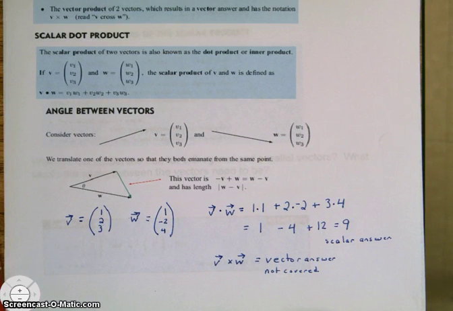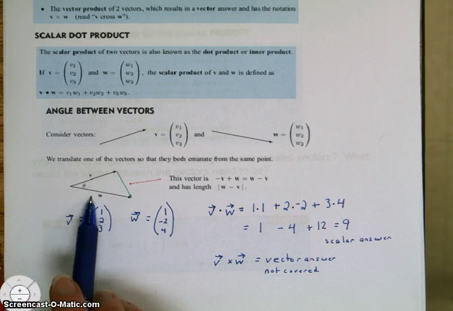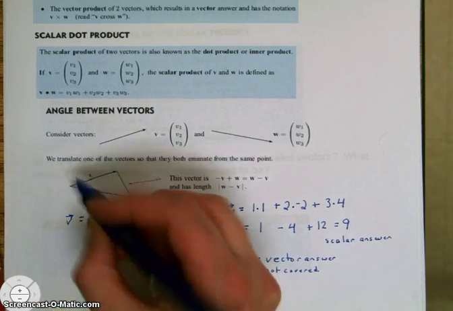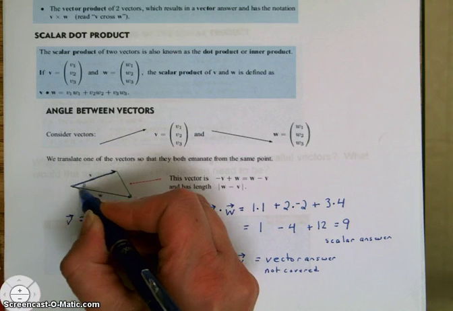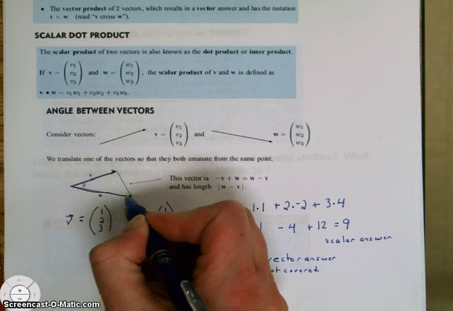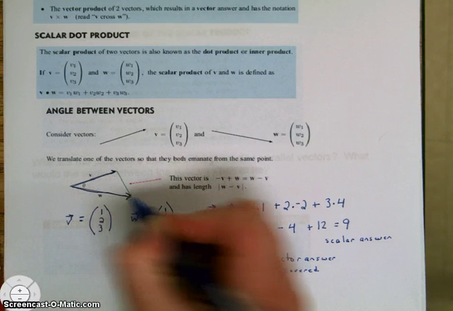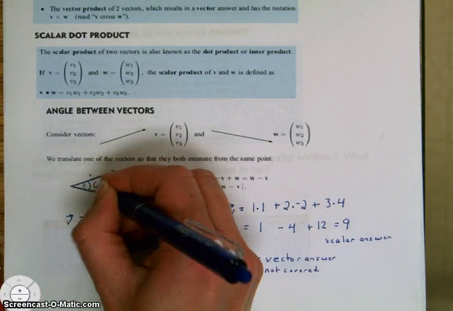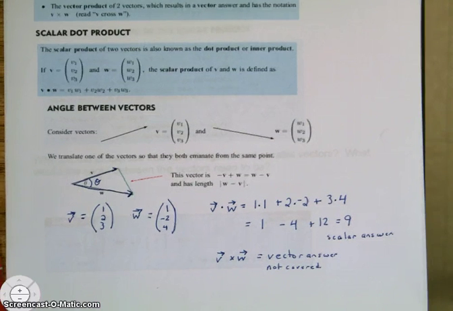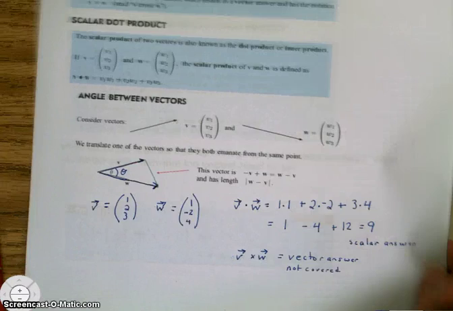Now, how this is going to be useful for us, the most common application is finding the angle between two vectors. So here you see a vector v drawn, and coming from the same point, a vector w. And what they're going to want us to do is find the angle between these two vectors. The way we find it actually comes from the law of cosines.